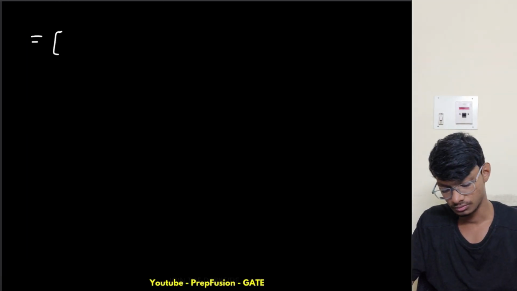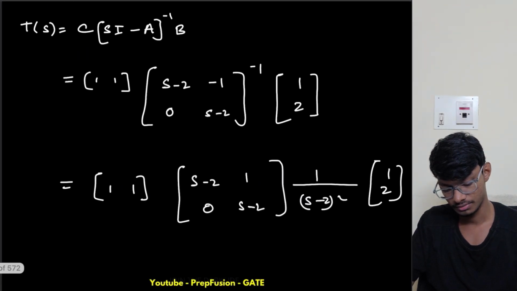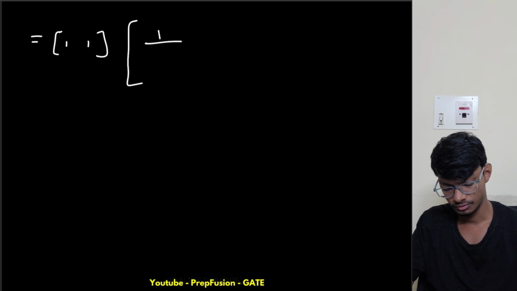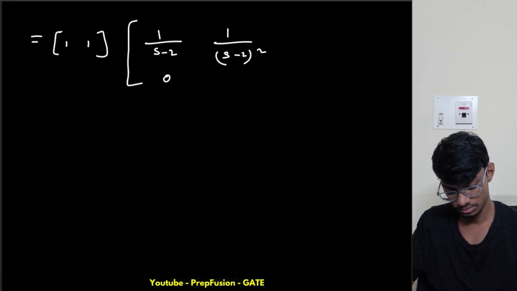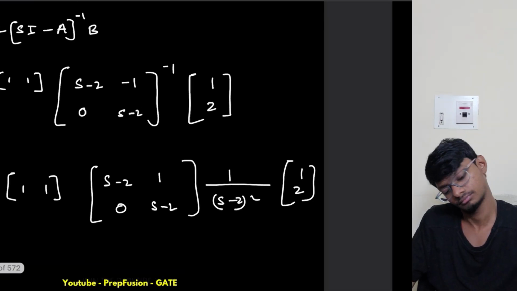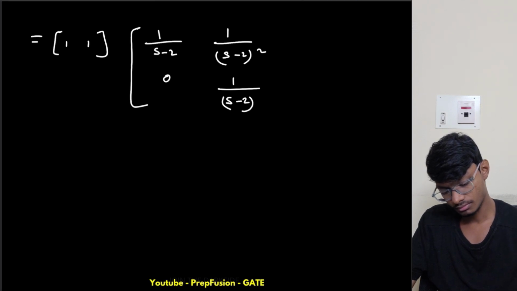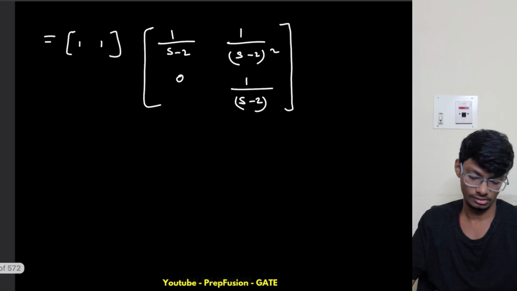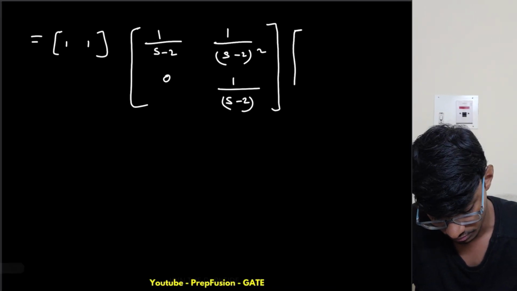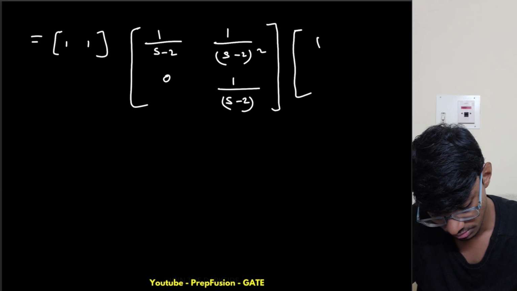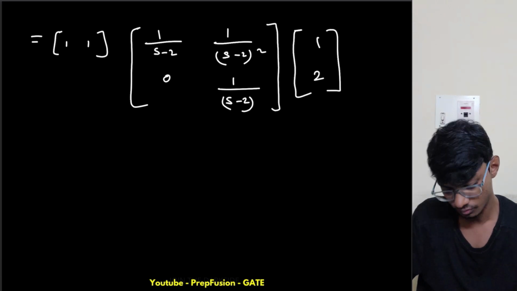So 1 1, this becomes 1 by s minus 2, 1 by s minus 2 whole square, this becomes 0, 1 by s minus 2, and this is basically 1 comma 2.